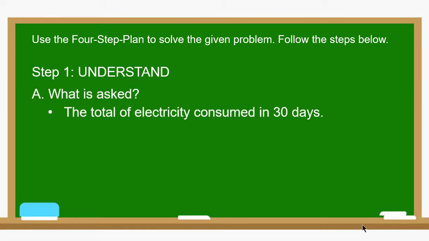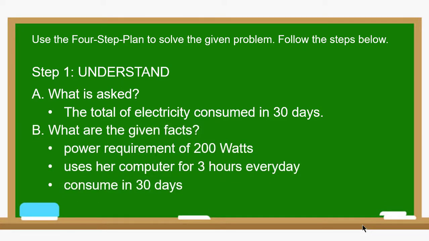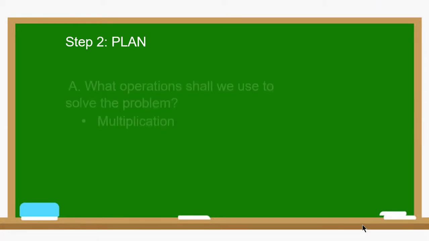Step 1. Understand. Letter A. What is asked? The total of electricity consumed in 30 days. Letter B. What are the given facts? Power requirement of 200 watts, uses her computer for 3 hours every day, consumed in 30 days. Step 2, you need to plan.